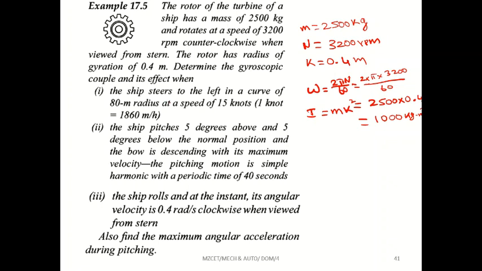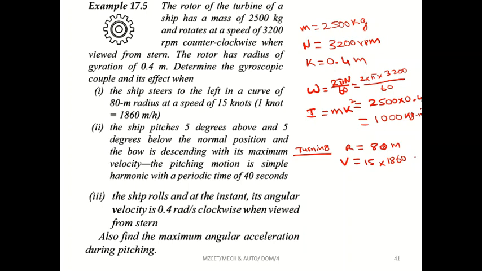So these things we got. Now first, turning, when the ship turns. For the turning process, they are given R value, which was 80 meter. Velocity value is 15 knots. 1 knot means 1860 meter per hour.